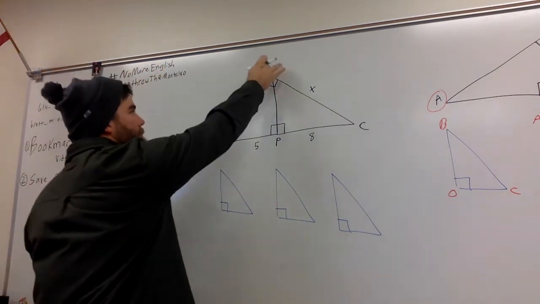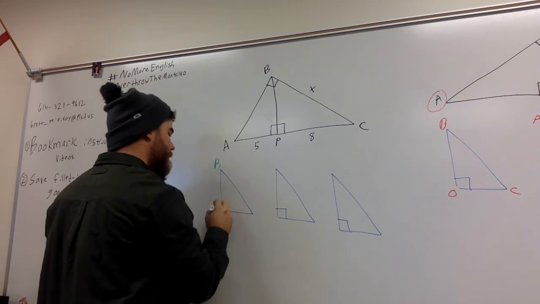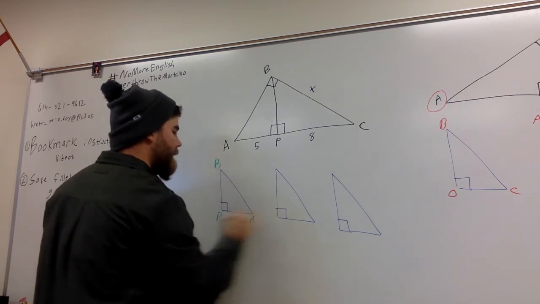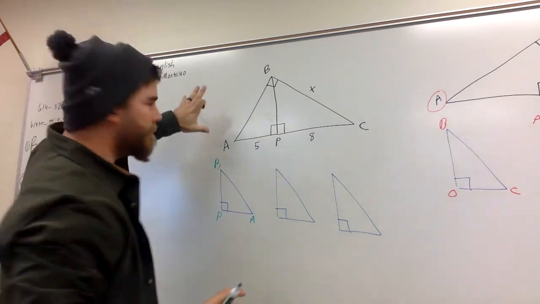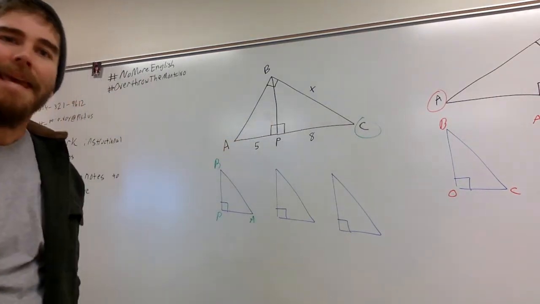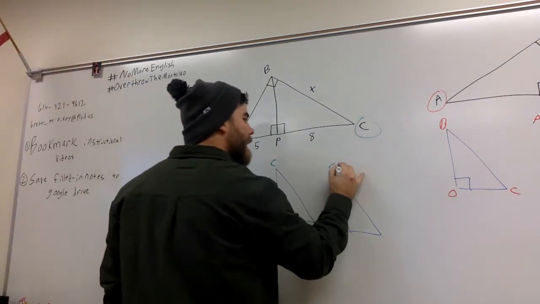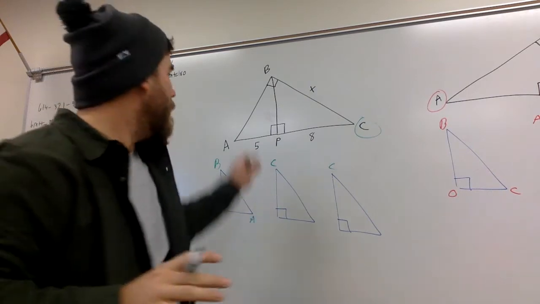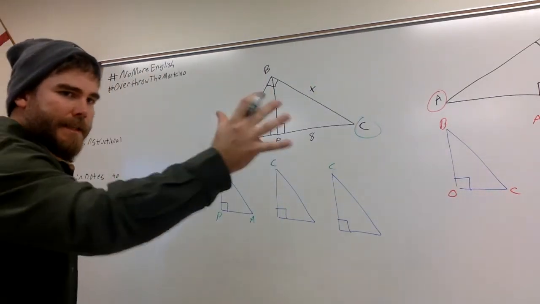So I'm going to take this one, B, right angle P, to A. And since my small triangle's on the left, that tells me that the point on the right is the peak of my other two triangles. So I'll put a C there and a C there.